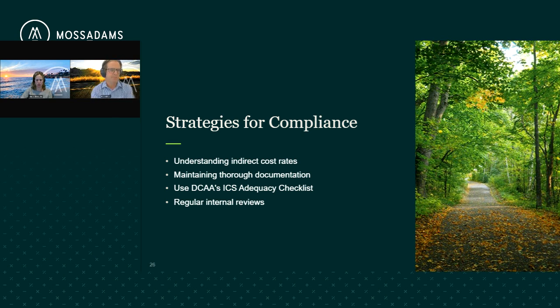So the best way to ensure compliance, or at least move in that direction, would be regular internal reviews, ideally on a quarterly or maybe even a monthly basis, to catch discrepancies before your final submission. So to really review the cost roll-ups and review the cost pools on a regular basis.